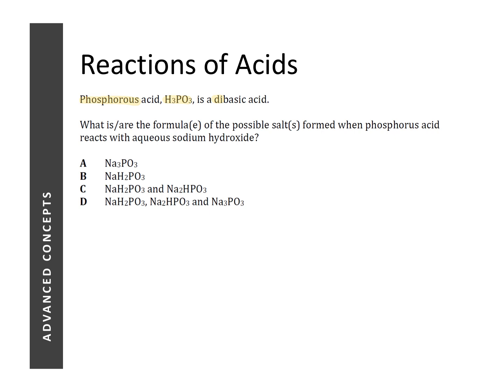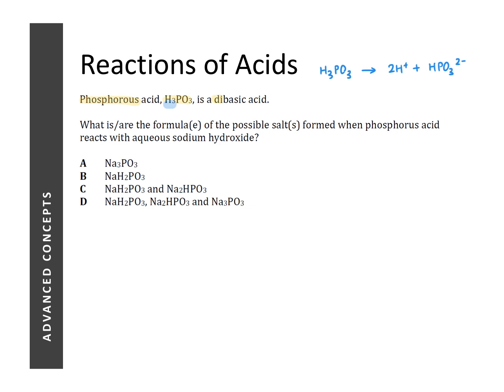So what is going on is that out of these 3 hydrogen atoms, actually only 2 of them can form hydrogen ions. Meaning when phosphorus acid is dissolved in water, it ionizes, and only 2 of the hydrogen atoms can form ions. One of them actually remains with the anion. So therefore phosphorus acid here is a dibasic acid.